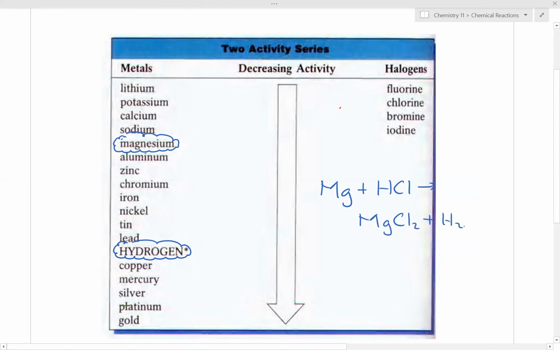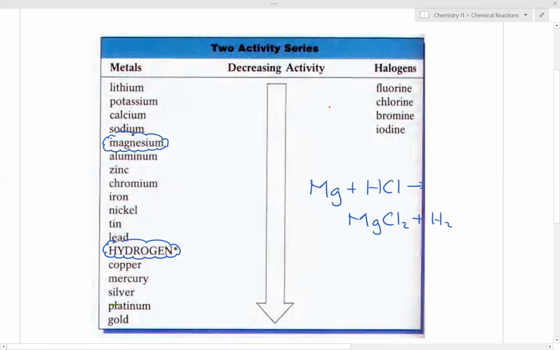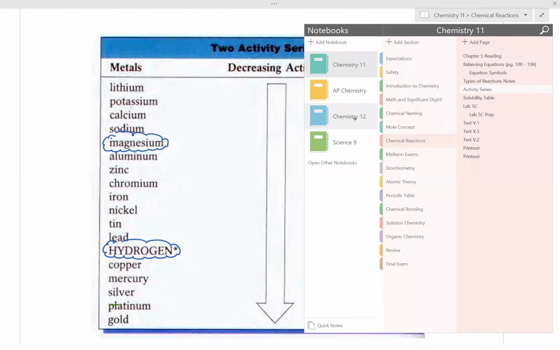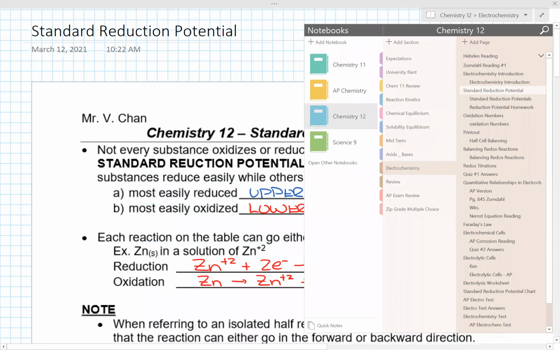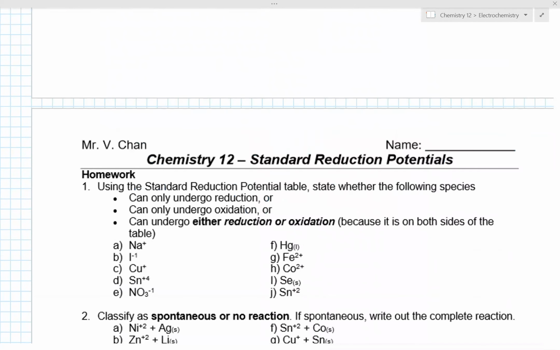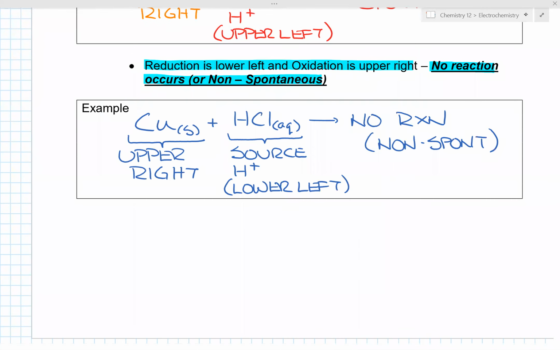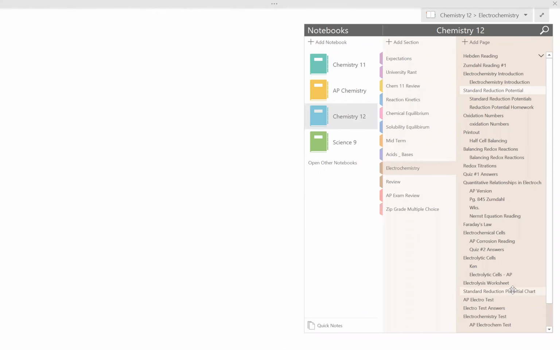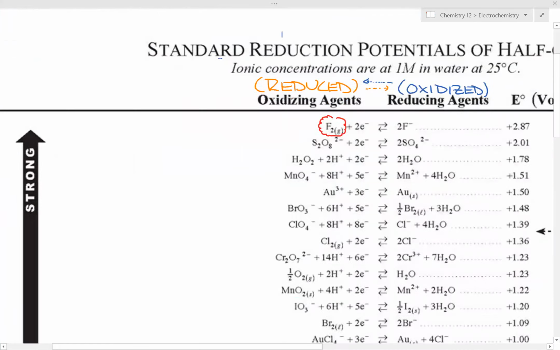This activity series was actually very similar to the standard reduction potential table that I introduced for you today.